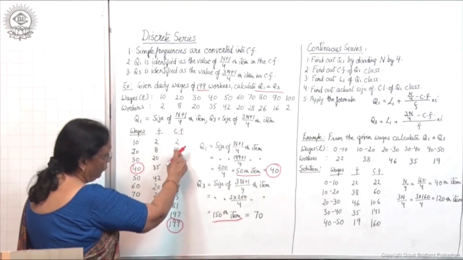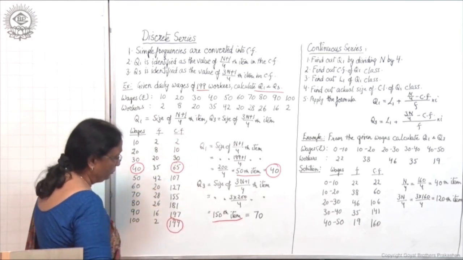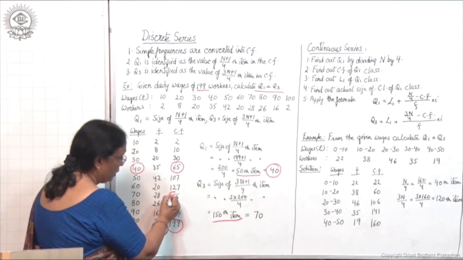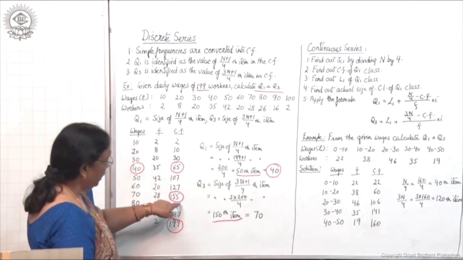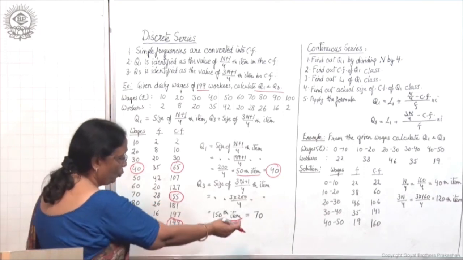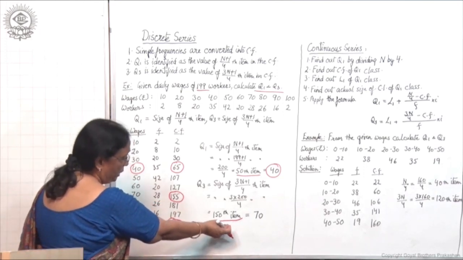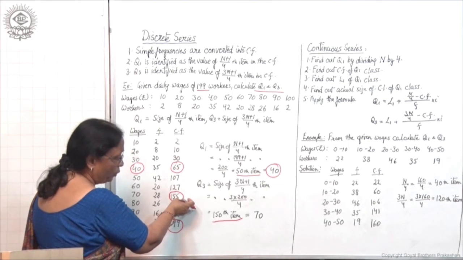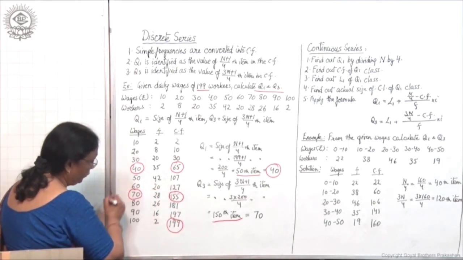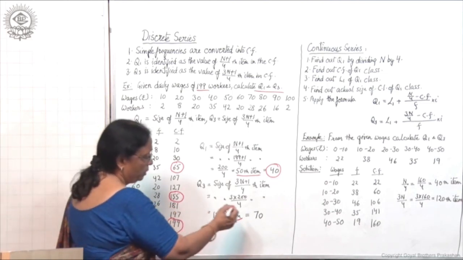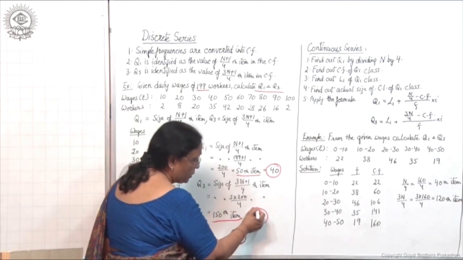Now, locate the 150th item in the CF column. It is here, it is more than 127 and less than 155. So the 150th item is inside this value, and in front of this in the X column you have this figure, and 70 becomes Q3.